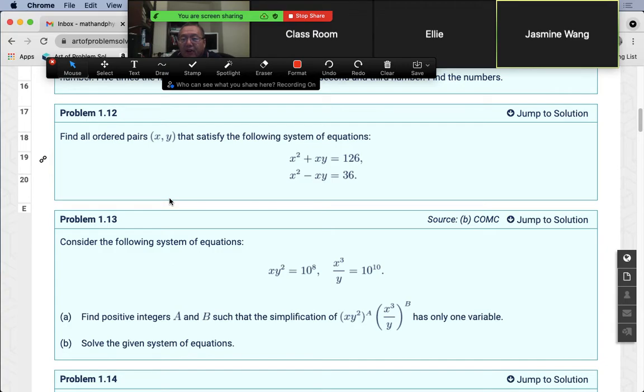They ask you to find all ordered pairs x, y that satisfy the following system of equations. This equation looks hard, but actually it's very easy if you find the right way to solve it.